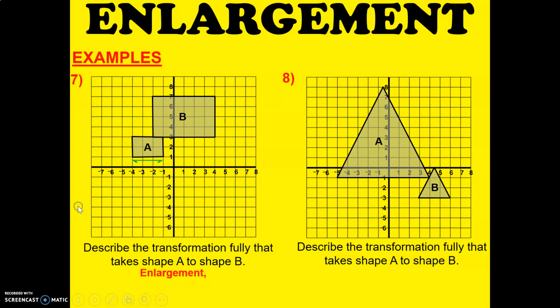So enlargement. So that's 3 and that is 6. So 3 times 2 is 6. So it's an enlargement by scale factor 2.